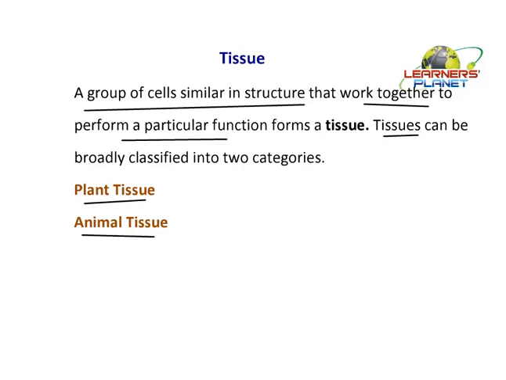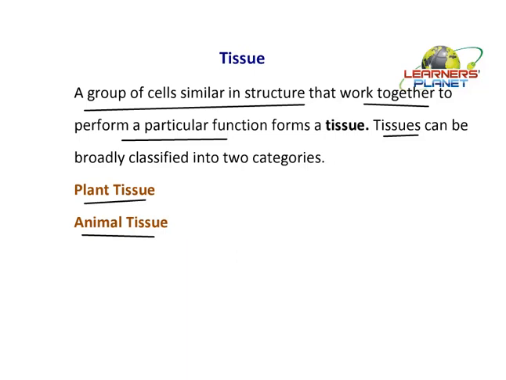Now what you have to think is, why is it so? The answer is given in the form of its nourishment habit, nutritional habit. Plant is autotrophic, animal is heterotrophic. Plants cannot move, they are fixed at a location, and animals can move.